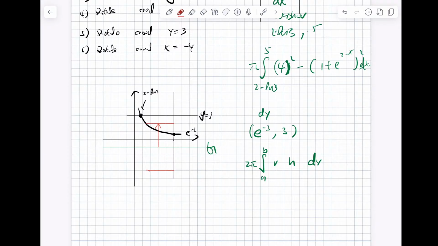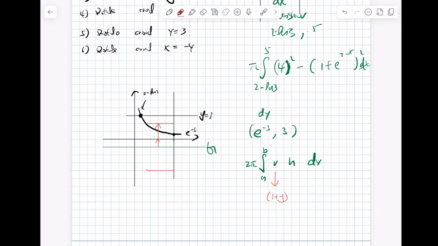So what will be the r? Yes, Kushan? Y plus 1. Yeah, because this is 2 arrow, right? It's 1 plus y. Does that make sense? So this one is 1 plus y.